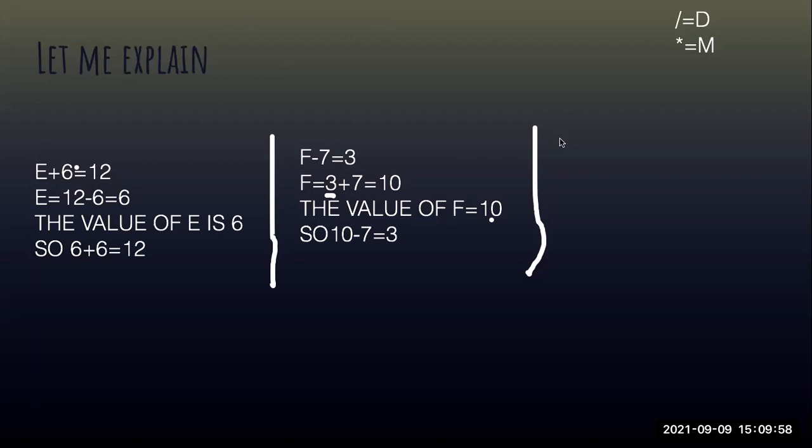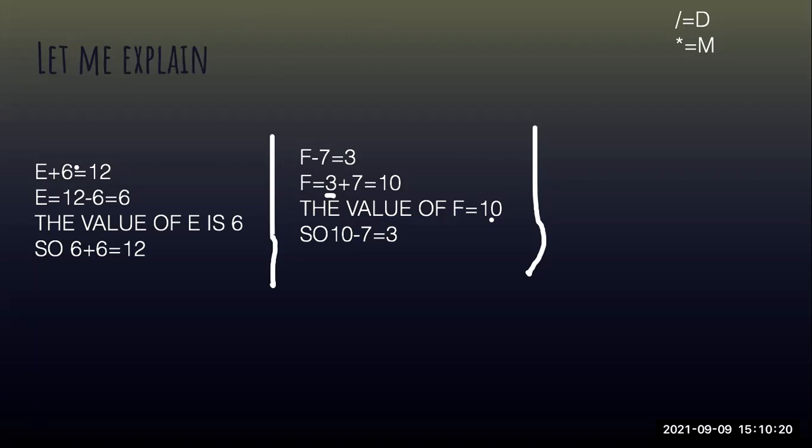So G into 5 is equal to 20. So first we write G, the variable. Then we'll write the number after is equal to. That means 20.